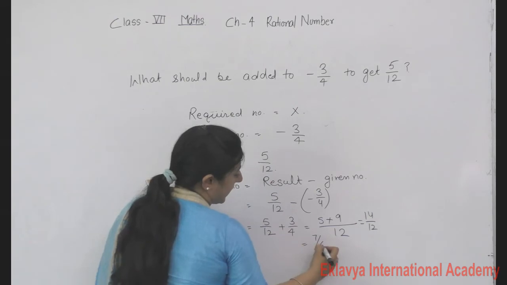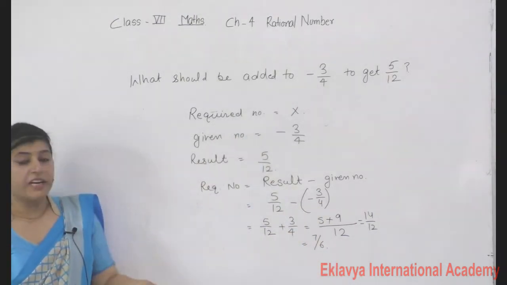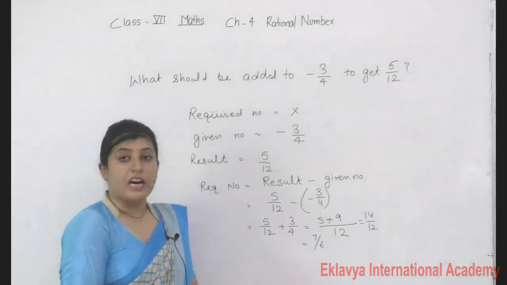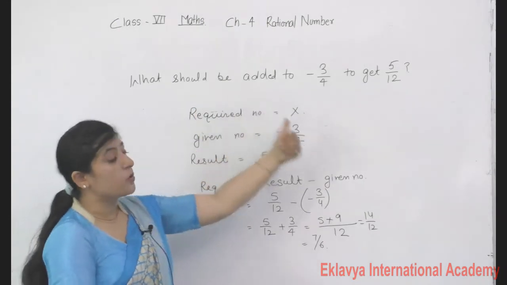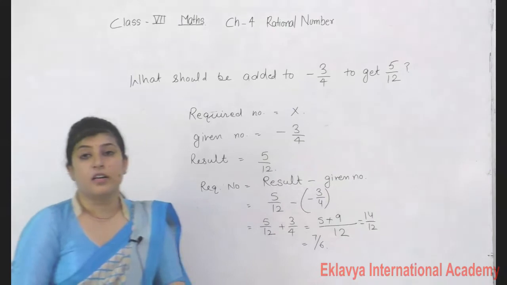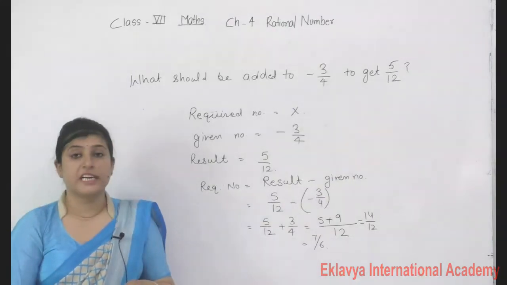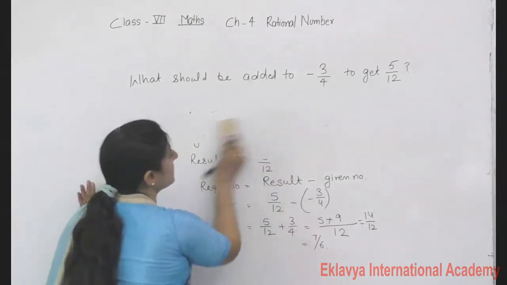Answer is 7 by 6. Same type you can check or verify your answer also. Answer you will get the same. It depends on you. You want to do according to the statement or you want to use this result or formula directly. Any other example take?